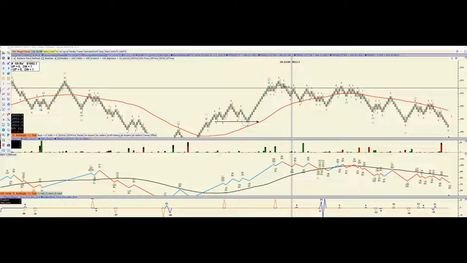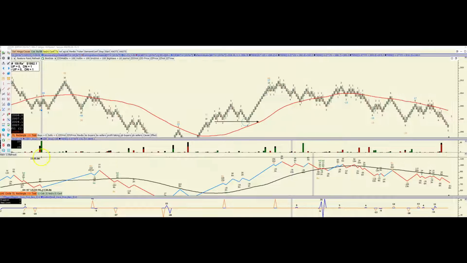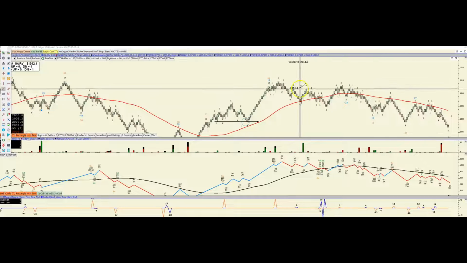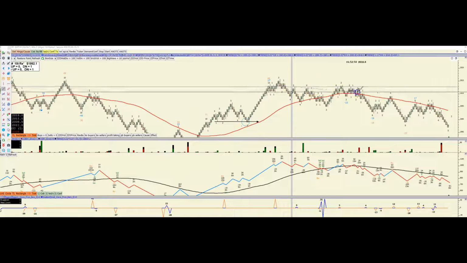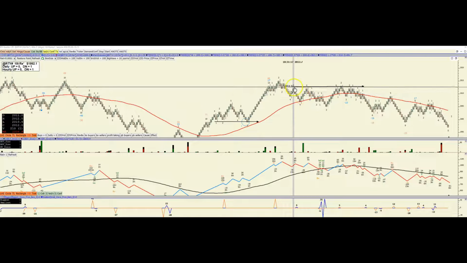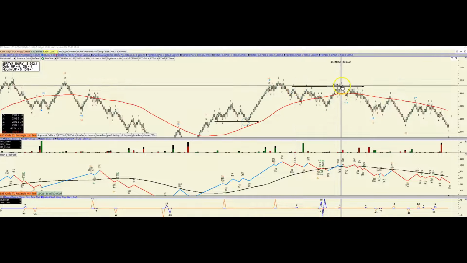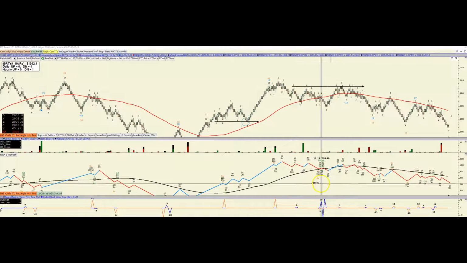They want to get rid of the weak hands. Only way you could do that is by going at least against one level. So in this case, again, right here, against this level, they hit that level to do a stop run.